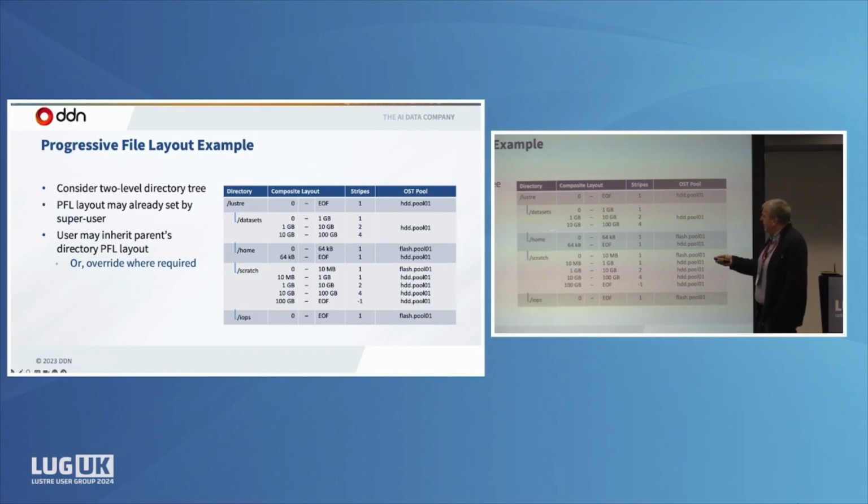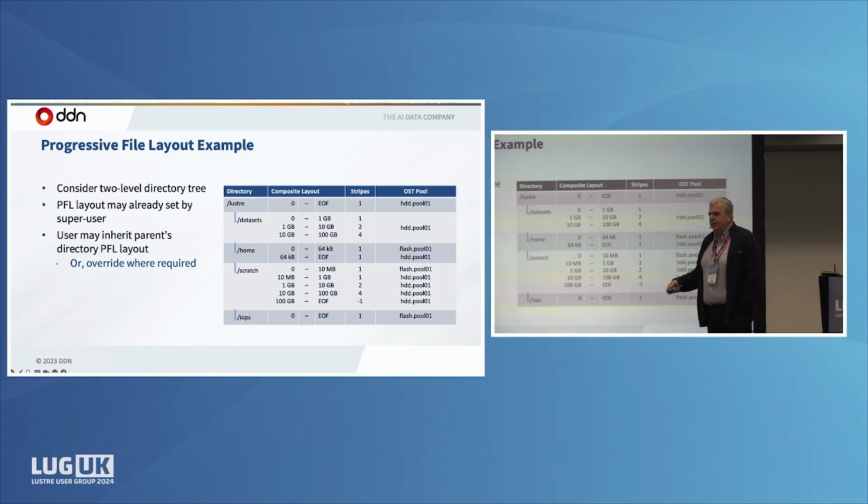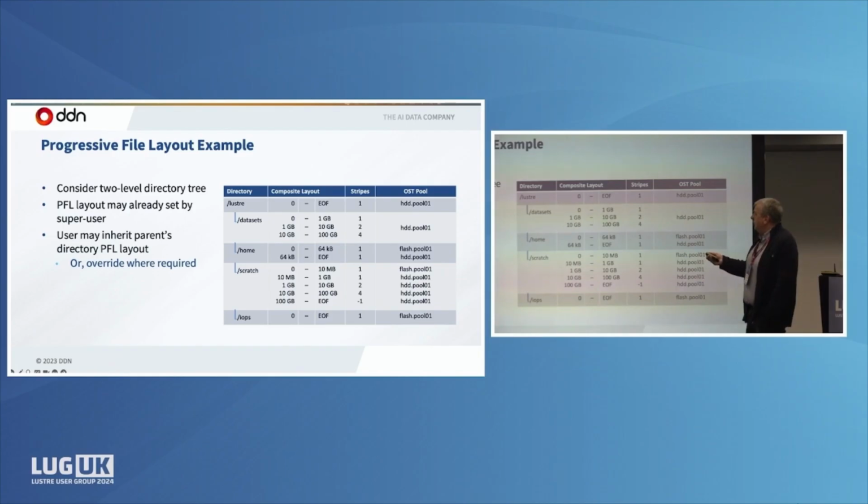But this one here, the data sets, is quite interesting. A lot of applications out there require some reference data, whether it's life science or automotive. So for reference data, these files could be quite big. You don't want these files to reside on expensive SSDs, and especially if these are large files, commonly there'd be sequential I/O.